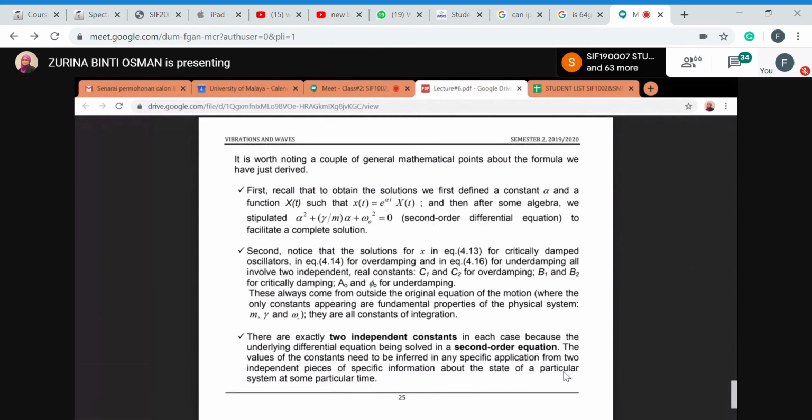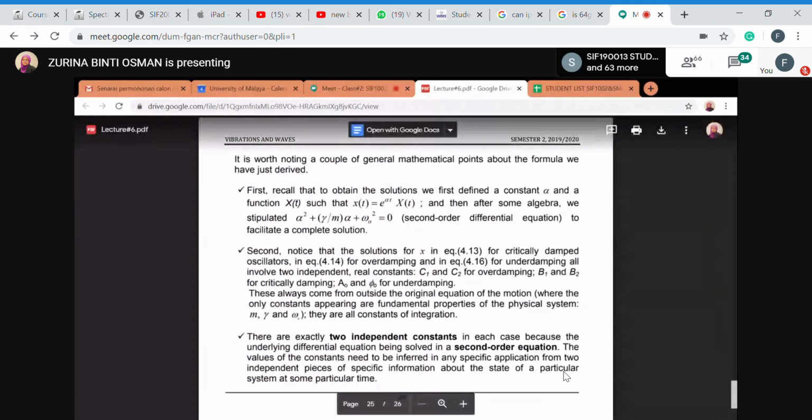First, to obtain the solution, we define a constant alpha and a function X(t) such that small x is equal to e to the power alpha capital X(t), and then after some algebra, we stipulate this equation, which is a second order differential equation, to facilitate a complete solution.